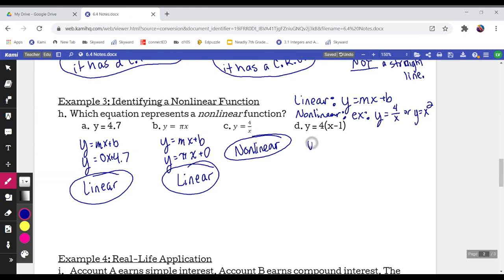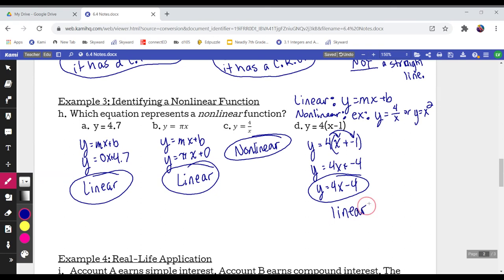Letter D, y equals 4 times the quantity x minus 1. So y equals 4 times the quantity x plus negative 1. Distribute the 4 to both terms. y equals 4x plus negative 4, y equals 4x minus 4. Because I can write it in slope-intercept form, that makes this linear.